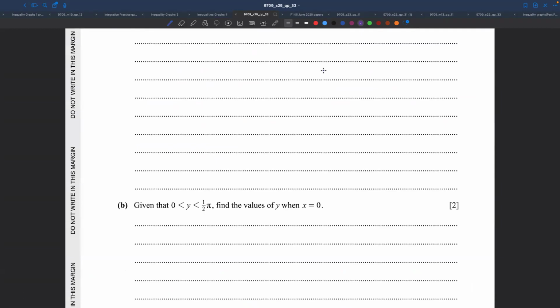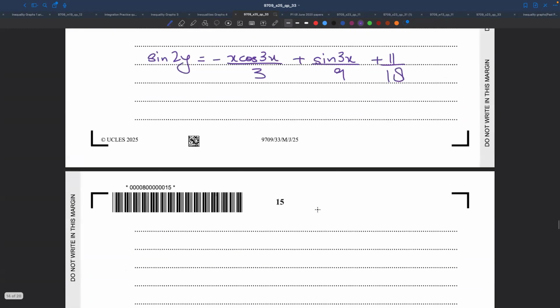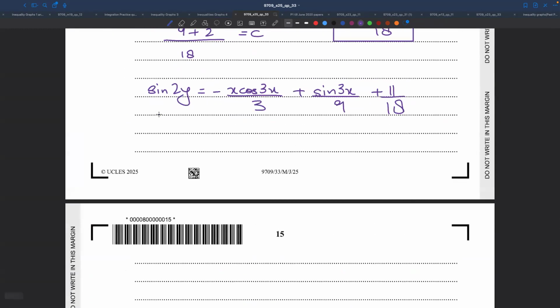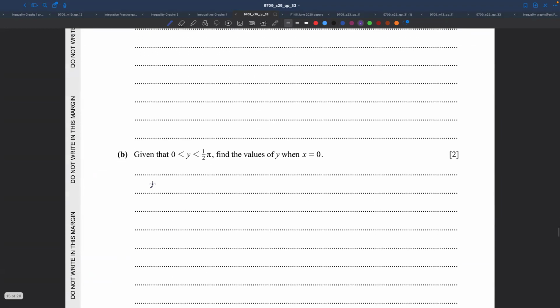Given that y is between 0 and half pi, find the values of y when x equals 0. Now in the same expression, I will write x equals 0. So I will get sine of 2y equals minus x is 0, right? So if x is 0, then 0 into cos of 0 upon 3 plus 1 upon 9 sine of 0 plus 11 by 18.